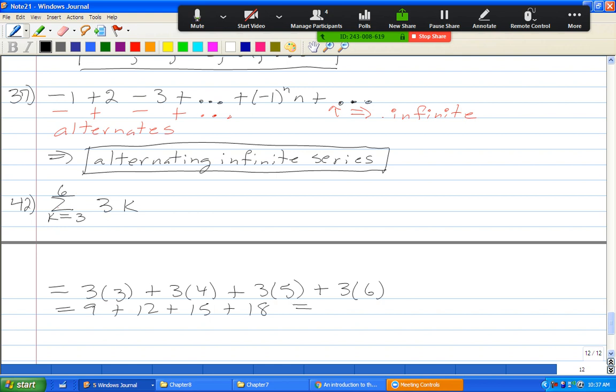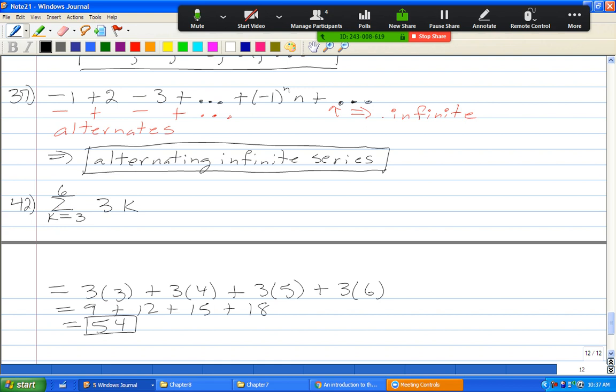So this is equal to, let's see, that's going to be 20, 30, 45, 54, yes. So if you add up all these numbers, you get 54.